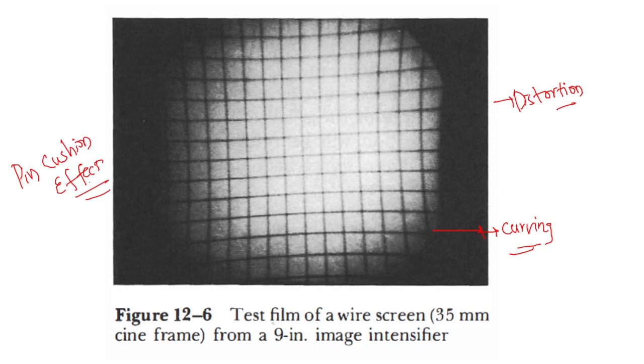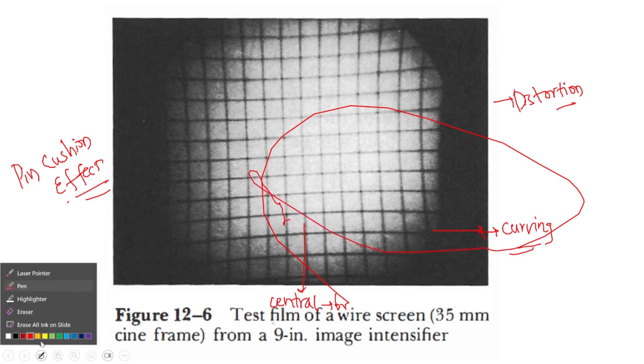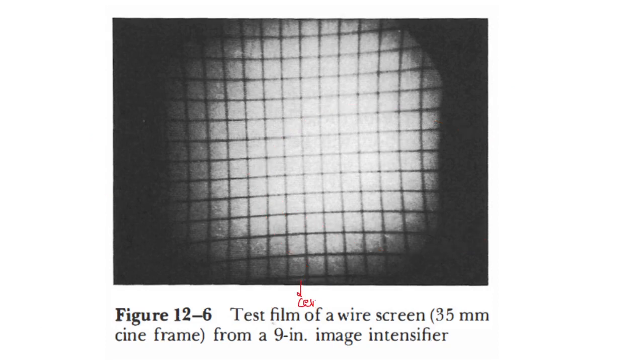This distortion does not affect routine fluoroscopy, but the unequal magnification causes unequal illumination, and as a result the center of the output screen is brighter when compared to the periphery, and the peripheral image is distorted, that is, curved.